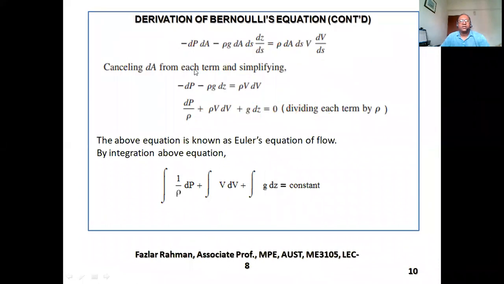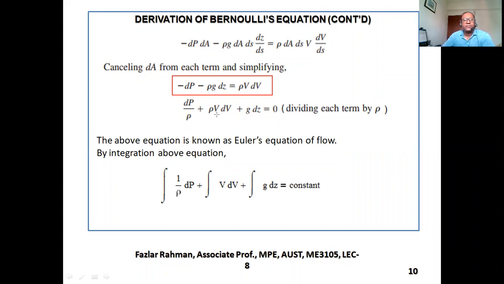So after simplification, we are getting this line. Now divide both sides by rho. So you are getting dP/rho, and you bring all of them to one side.